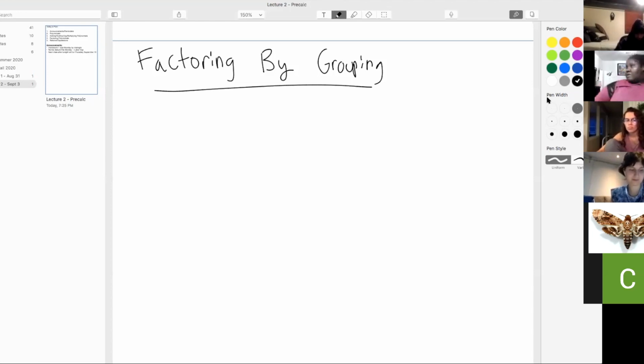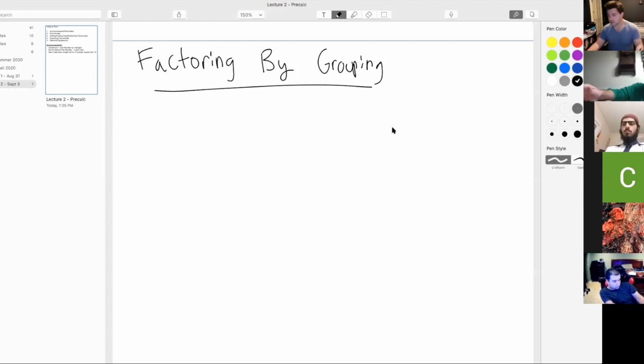So what is it used for? It's used for trinomials where the leading coefficient is greater than 1.